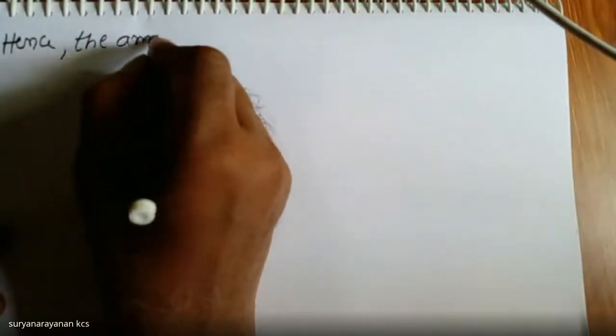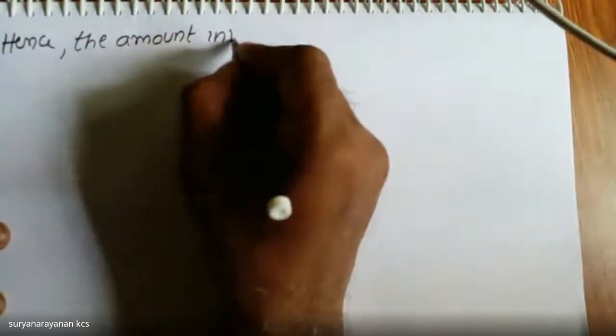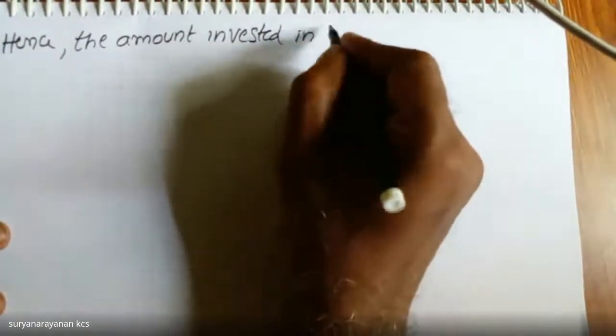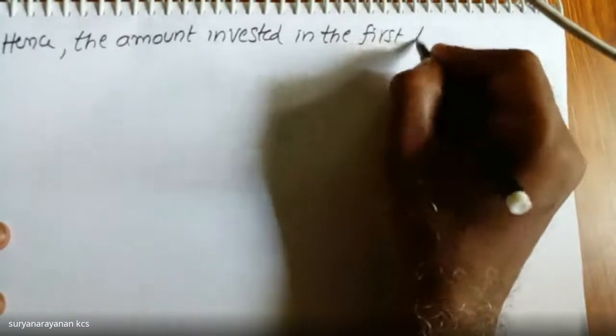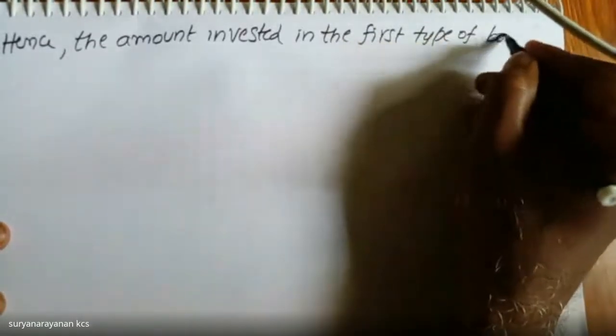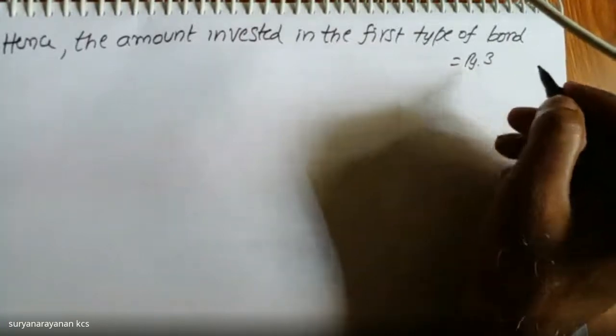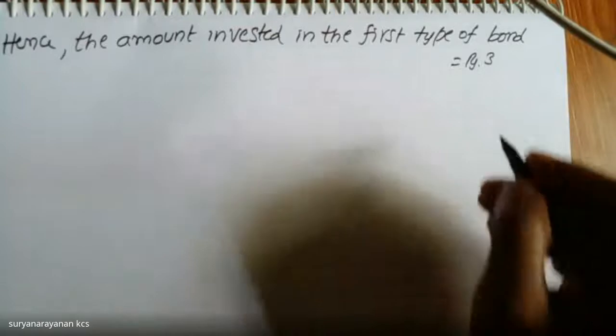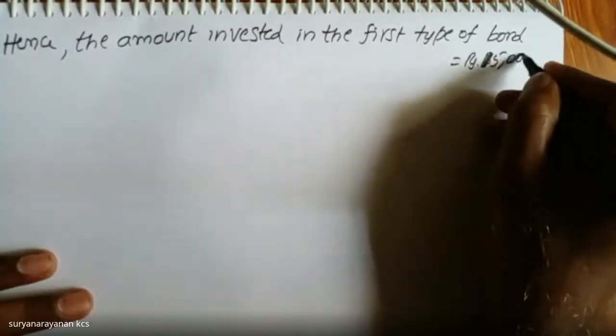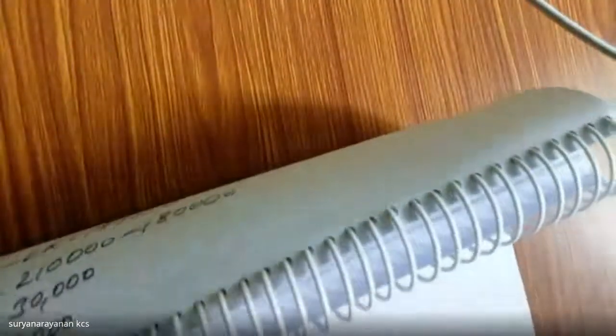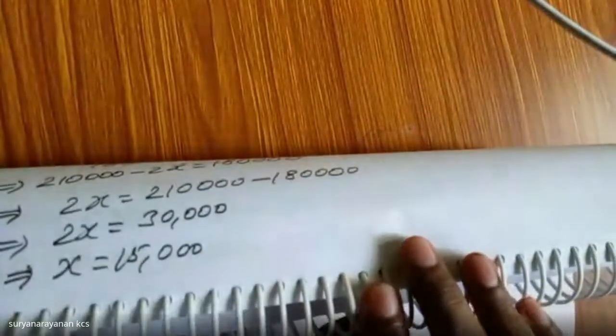Hence the amount is 15,000. In the first type of bond, we have considered x. x means the amount invested in the first type of bond.